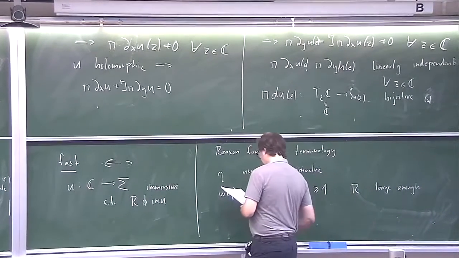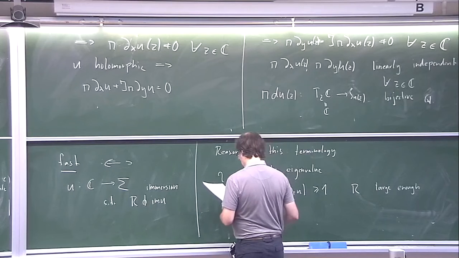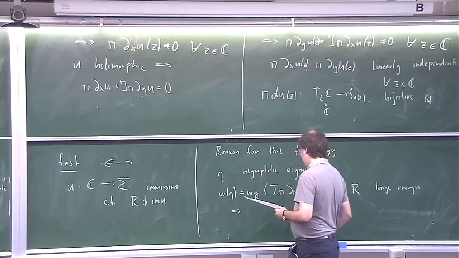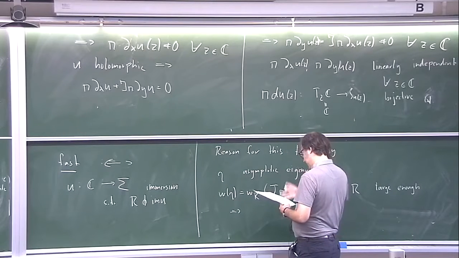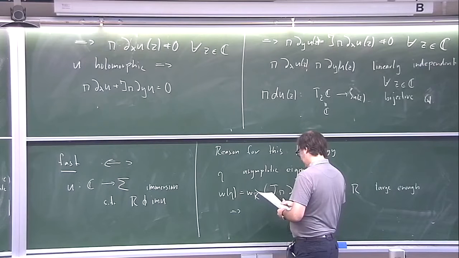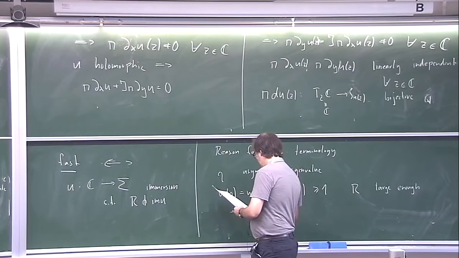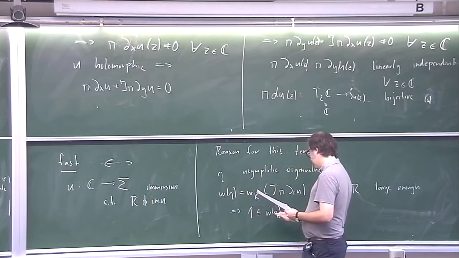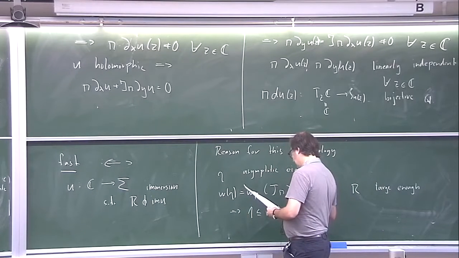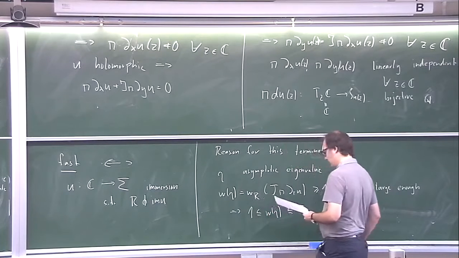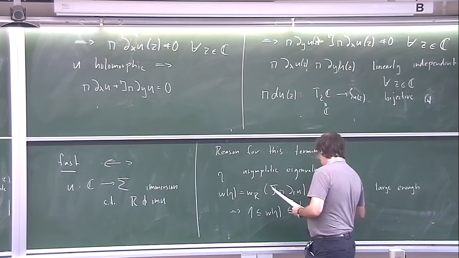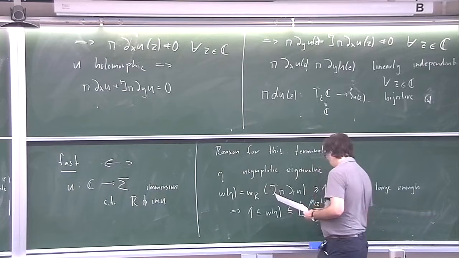And moreover, by the definition of the Conley-Zehnder index, we get that 1 is less than or equal to the winding number of this asymptotic eigenvalue, which is less than or equal to the Conley-Zehnder index of gamma over 2, and you take the integer part.